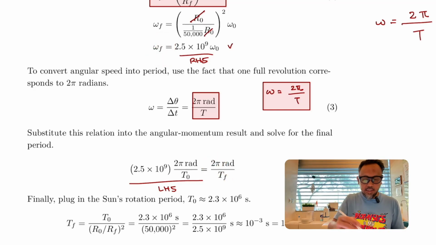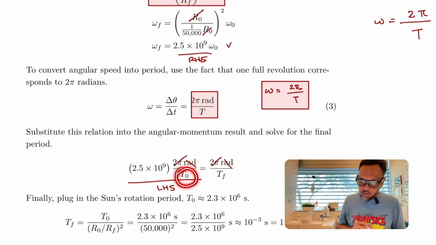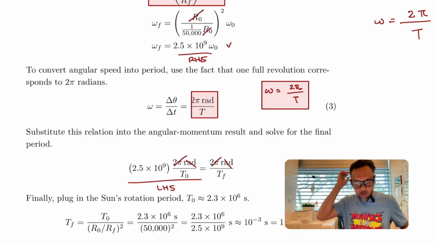And here 2 pi cancels. T naught is given, it is basically 27 days. With that, you can compute T final. All right, so T final is on the order of 1 millisecond.